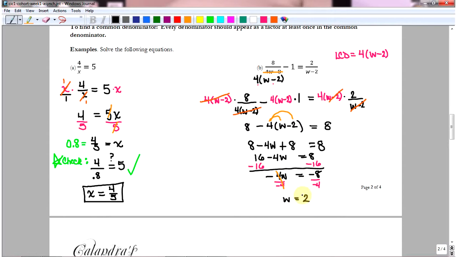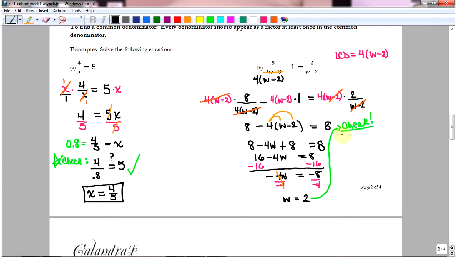Now since we're dealing with rational equations, remember, don't just accept that 2 as an answer, you have to check it. Let's give ourselves a little bit more room there. And you're always checking it back in the original equation.